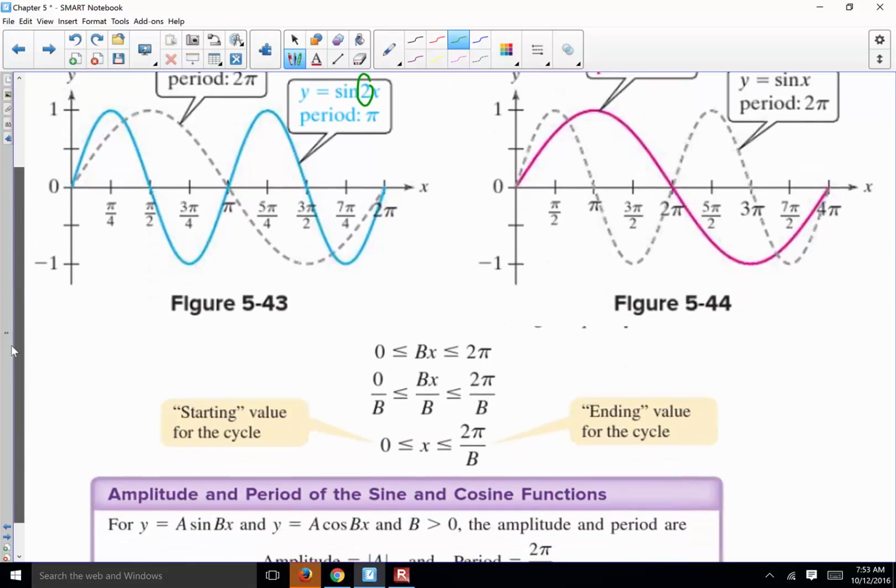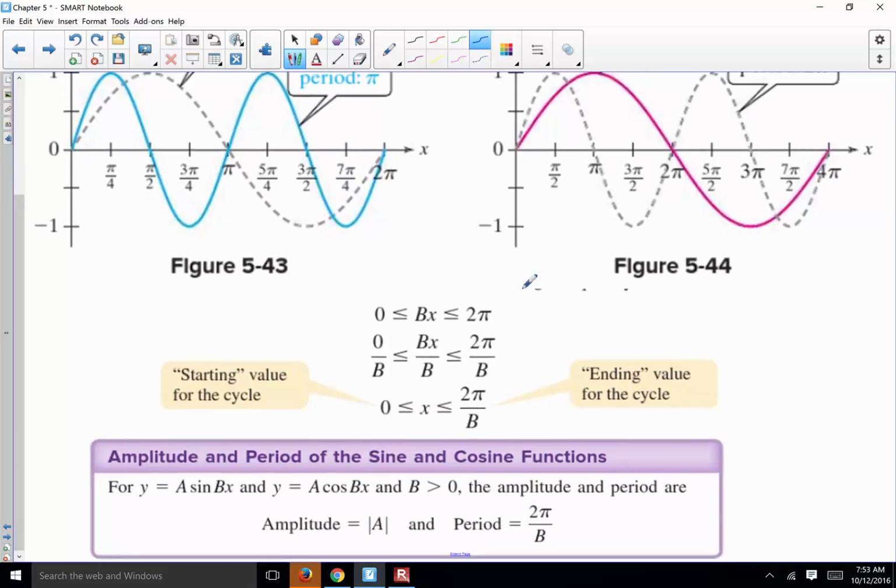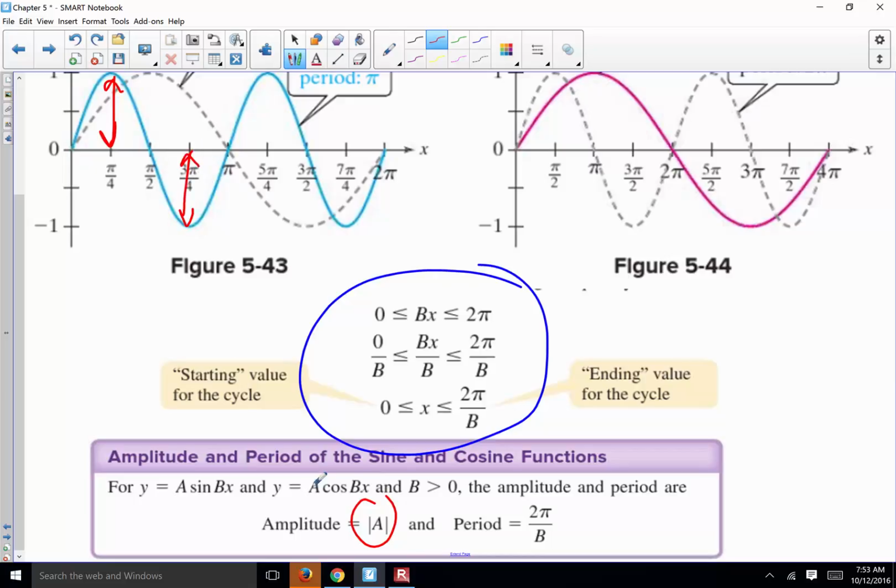Okay? The right way to do this is solving this inequality again to figure out where one period starts and where it ends. And we mentioned what amplitude is. This maximum from the ground level is called amplitude, or actually minimum sometimes.